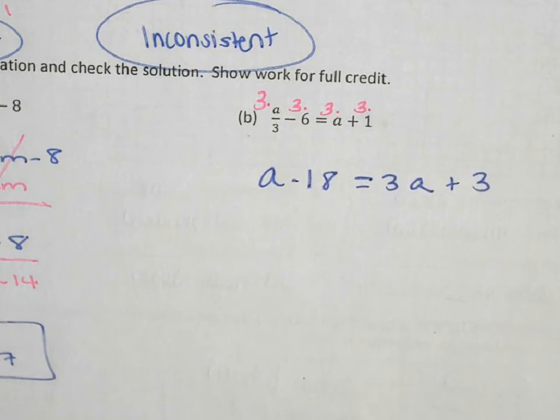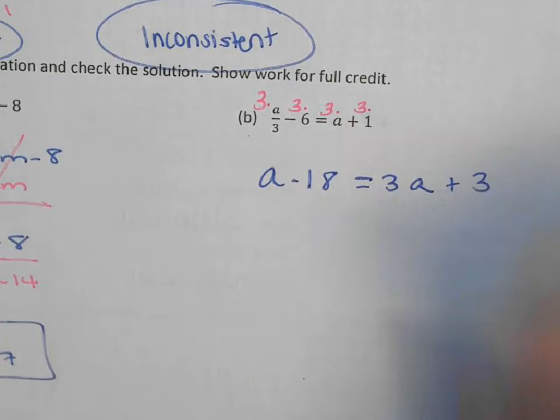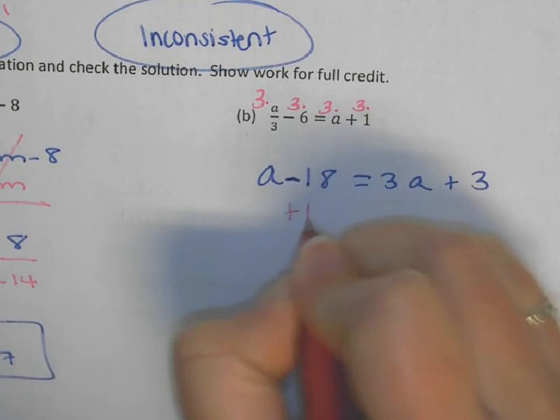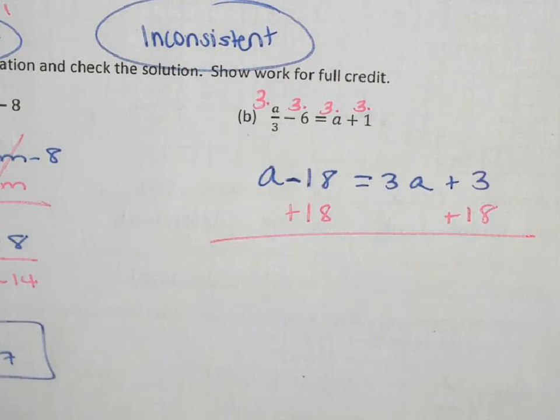So far, so good? All right, well, that's a lot easier. Make sure that looks like a subtraction sign there. That looks a lot easier than dealing with that fraction. So what should I do now? Add 18? We can add 18, sure. Okay.